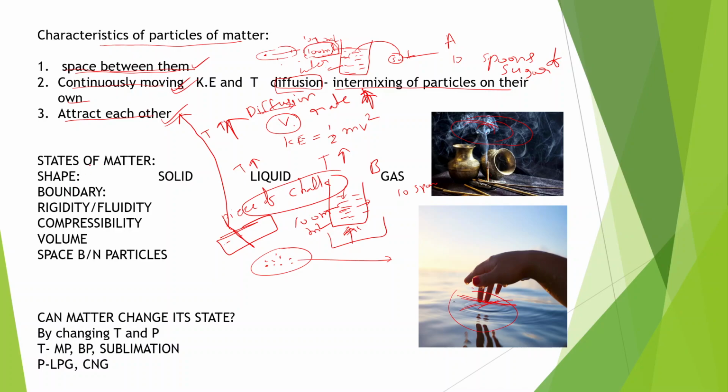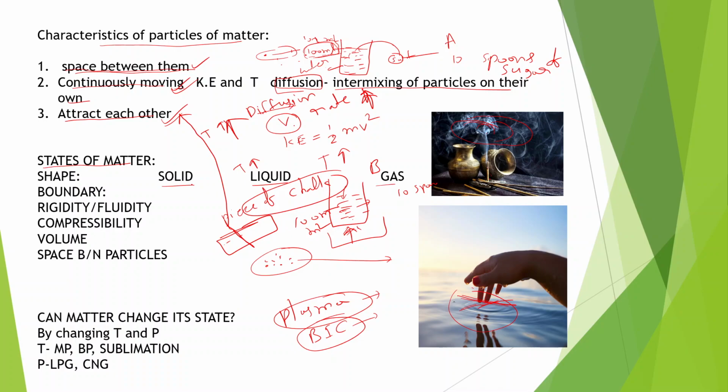Next, let us move to another topic, states of matter. We generally have 3 states of matter: solid, liquid, gas. But we also have a 4th and 5th state, plasma state and Bose-Einstein condensate, and we will talk about this in the last slide.